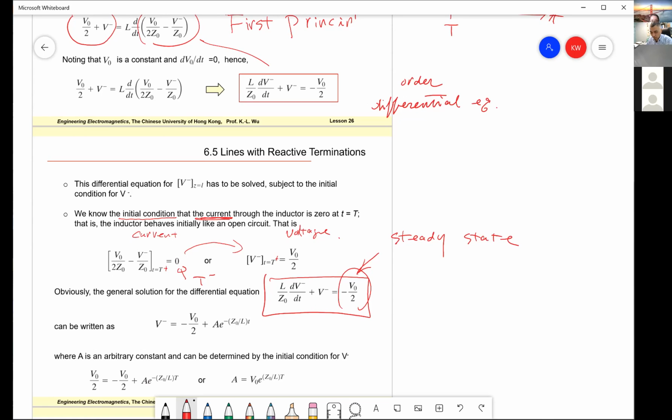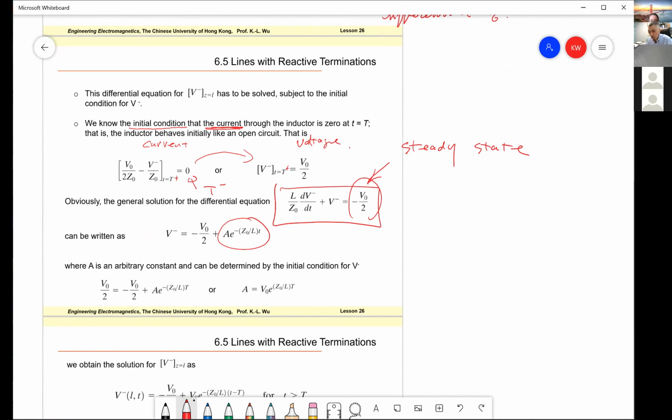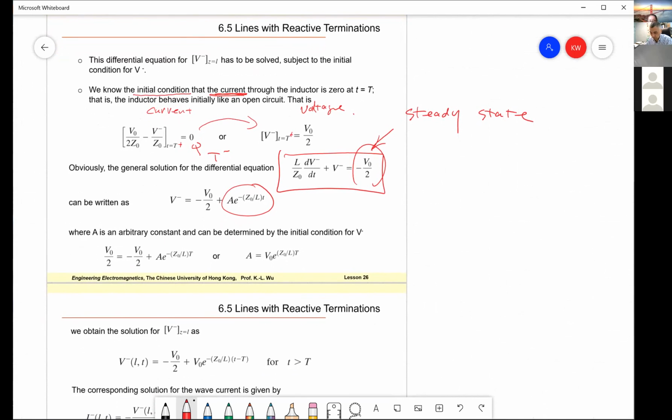For the first order differential equation, we know the solution form must be an exponential function. I won't discuss this, you should know it very well from engineering mathematics. Our task is to determine the coefficient A using the initial condition.